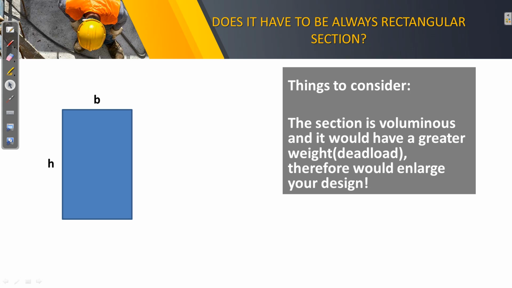So from the formula Mc over I, actually we are not just relying on how thick is your cross section. What is important, if your structural element is being used as a flexural member, we need to concentrate the thickness on your flange section.